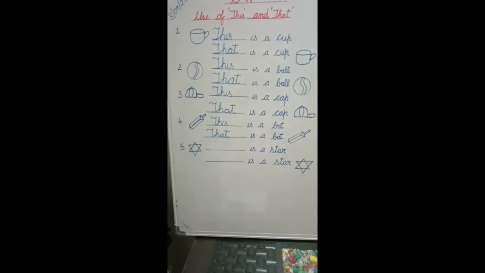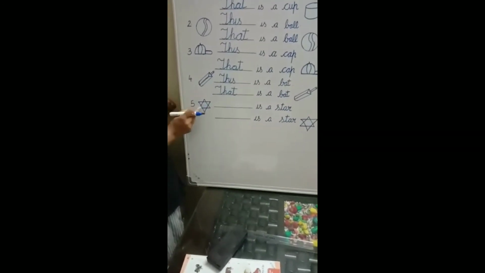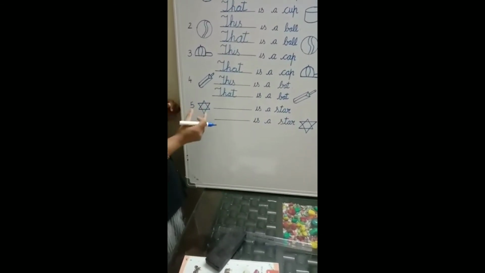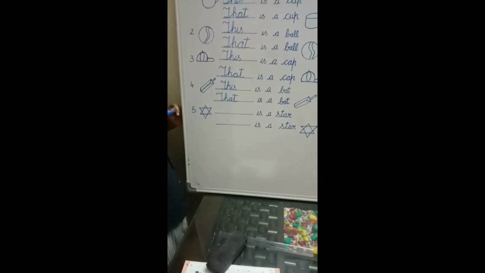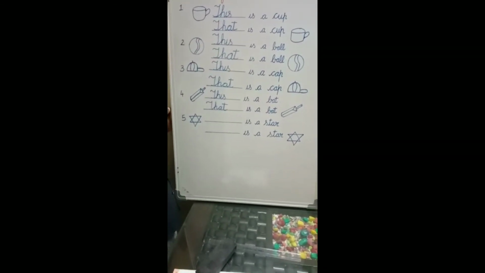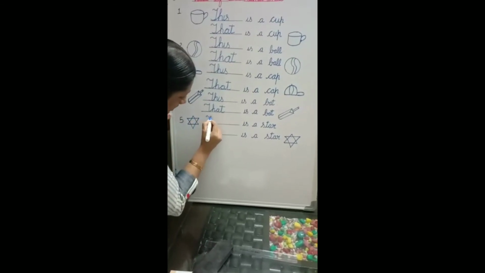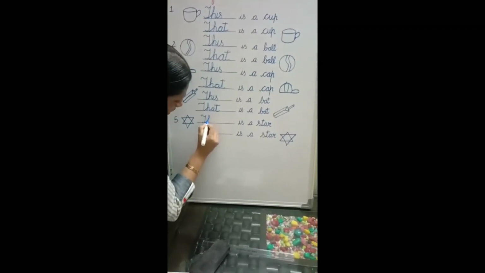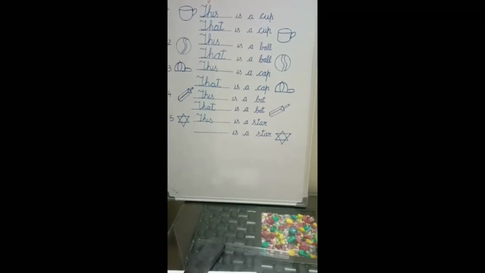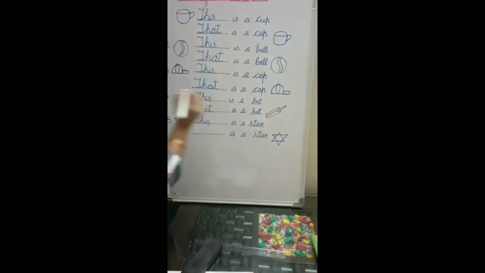Okay. Now you can see a star over here. Is the star very close to ma'am or not? The star is very close to ma'am. When the object is very close to us, what are we supposed to write? We are supposed to write this. This is a star.